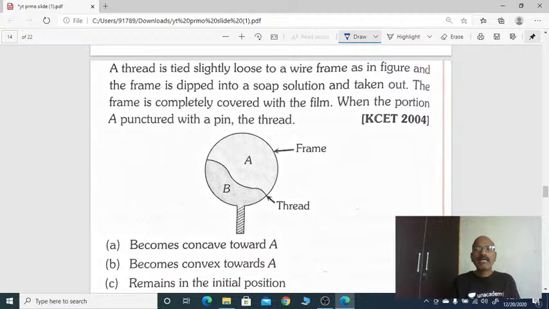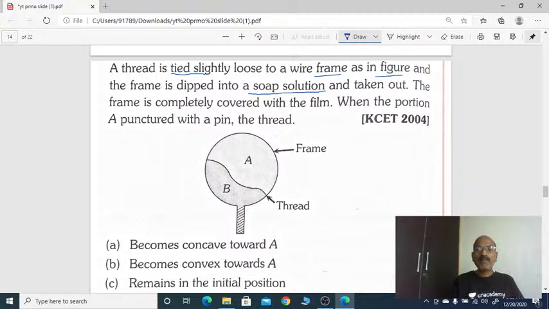Now, a thread is tied slightly loose to a wire frame, as shown in the figure. This is the wire frame and the thread, which is slightly loosely kept. The frame is dipped in a soap solution and taken out.